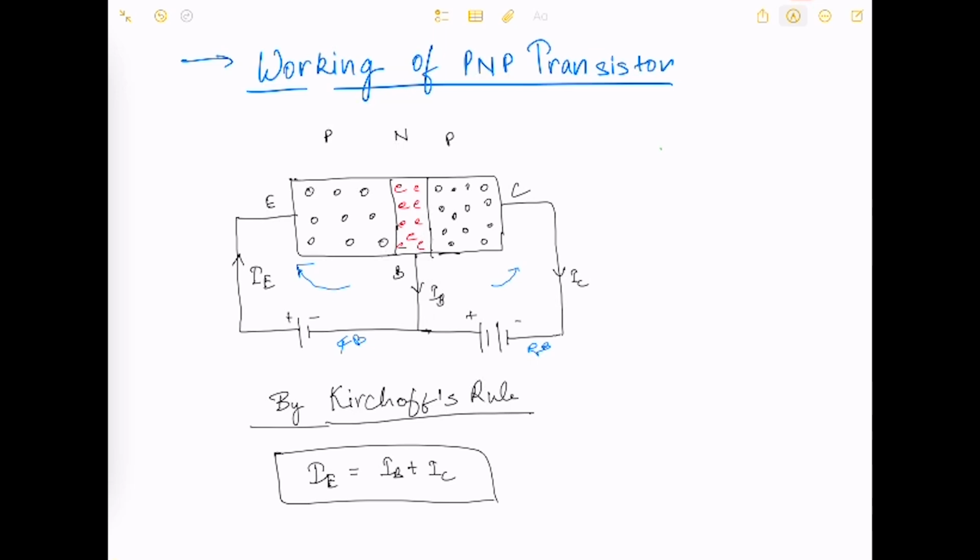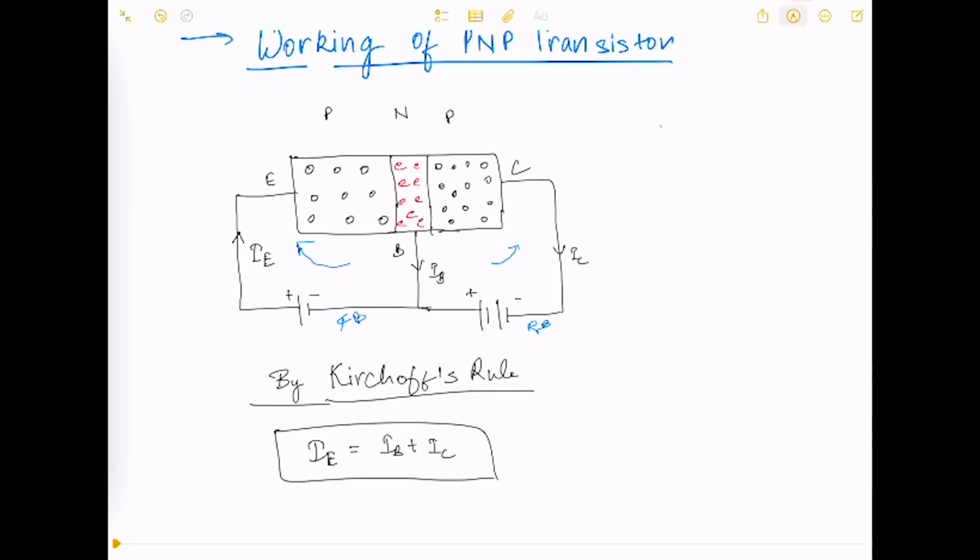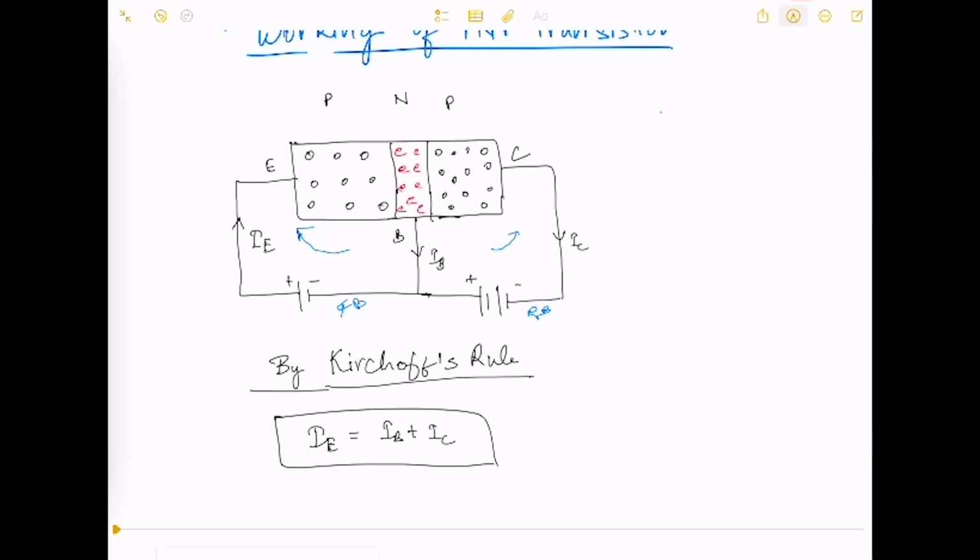Meanwhile, free electrons in the base region get attracted towards the positive and move towards the emitter, and holes move to the base region. And as the base region is lightly doped and the emitter is highly doped, only a little amount of electrons and holes combine, while the rest of the holes move towards the collector region.